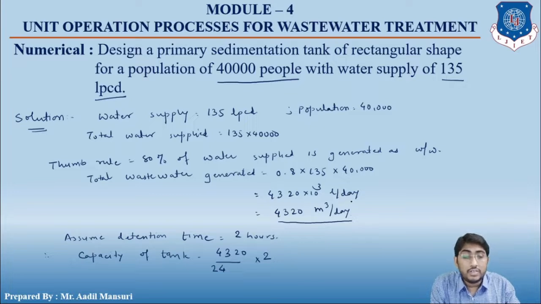It means this much quantity of wastewater has to be passed through the primary sedimentation tank for the entire day, right? So if I divide it by 24, then I will get capacity of tank for 1 hour, right? But I want it for 2 hours, so I'll multiply it with the 2. Clear? So this comes out to be 360 meter cube. Okay, so this is nothing but the volume of tank. Clear, students?